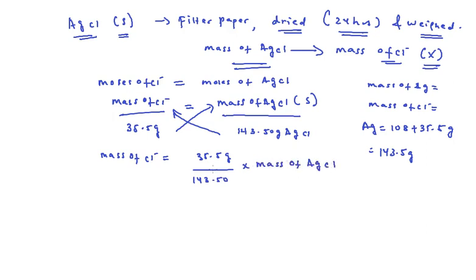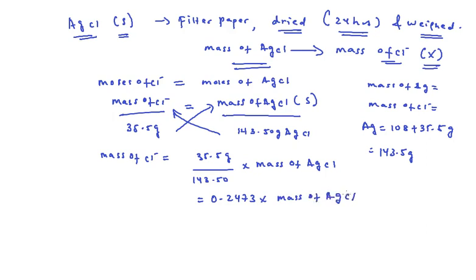So if you divide 35.5 by 143.5, you may get about 0.2473 if you round it up to that number, and times the mass of silver chloride.